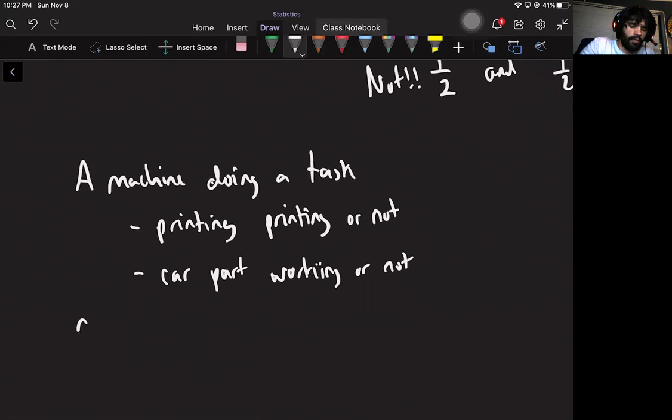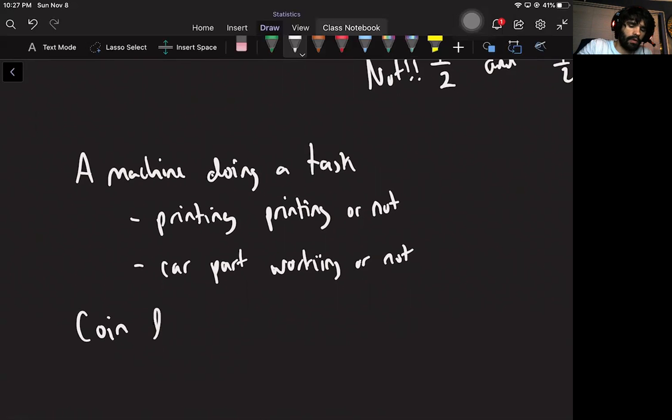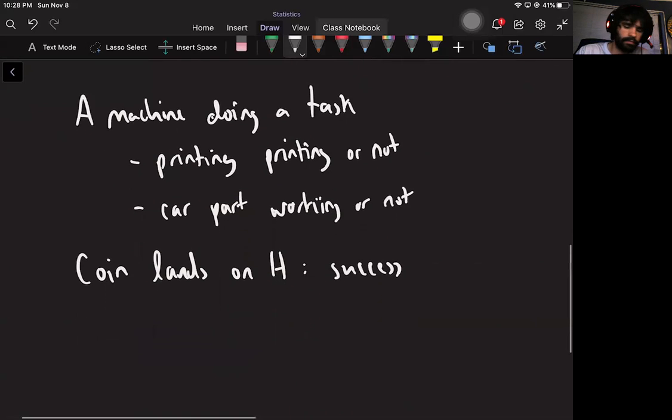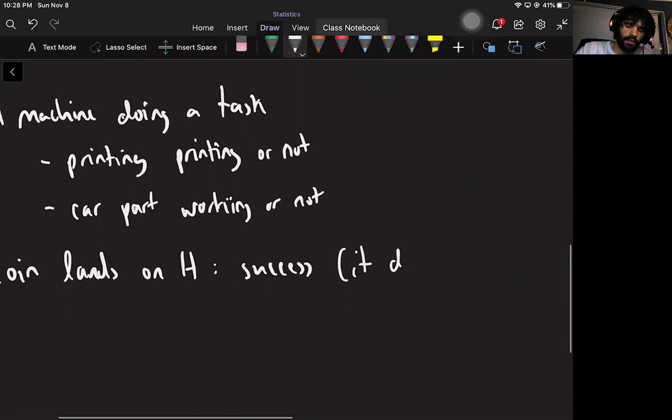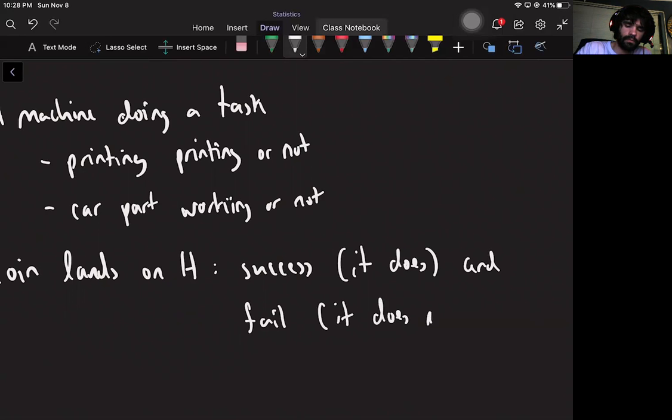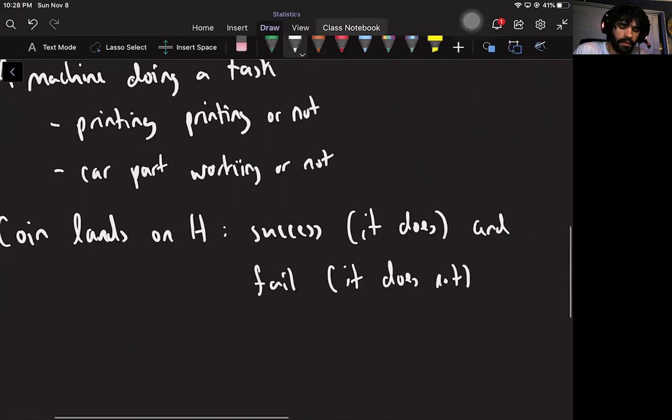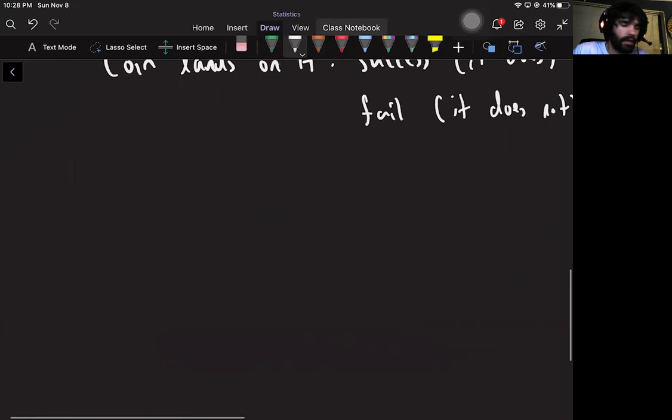So a more familiar one that we've been dealing with, coin flips. So you could think of a coin landing on heads as a success. And if it doesn't land on heads, then you call that a fail. So success is it does do that, and fail would be that it does not. So this one is 50-50. The success and fail are both 50% chance, 1/2 probability, but it doesn't have to be like that.